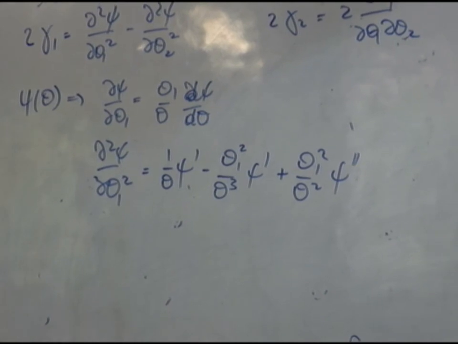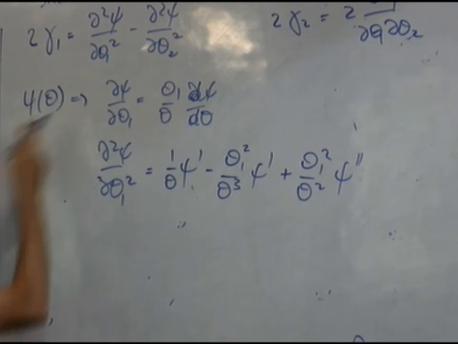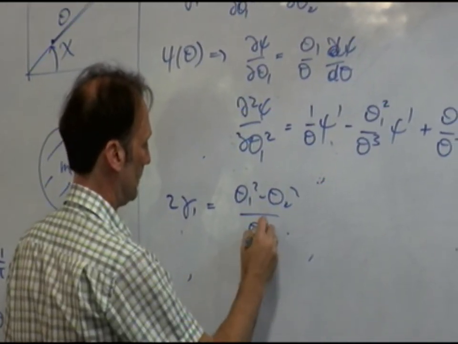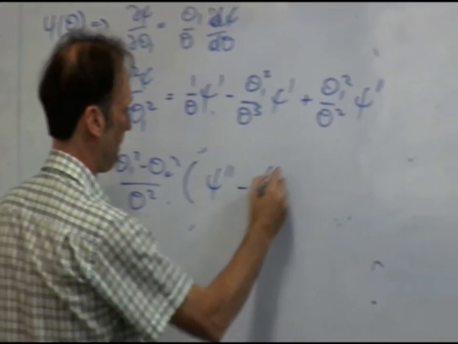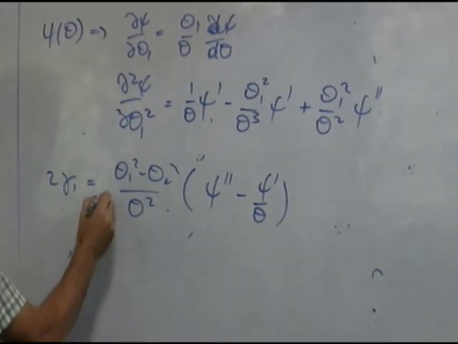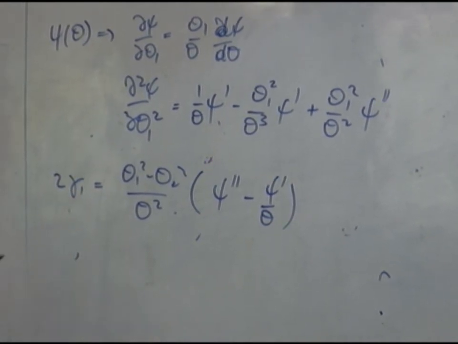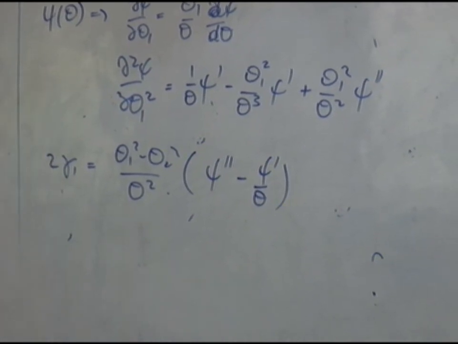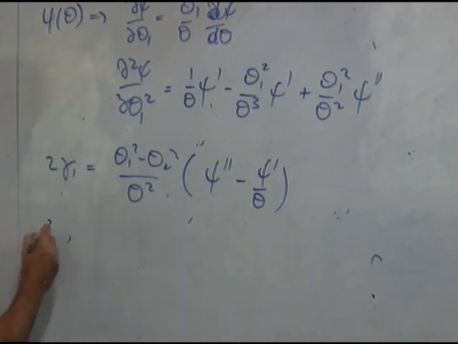They're a bit messy but not very complicated. If you take this and you do the simplest thing for the d by d theta 2, then you get an expression for gamma 1, and similarly for gamma 2.